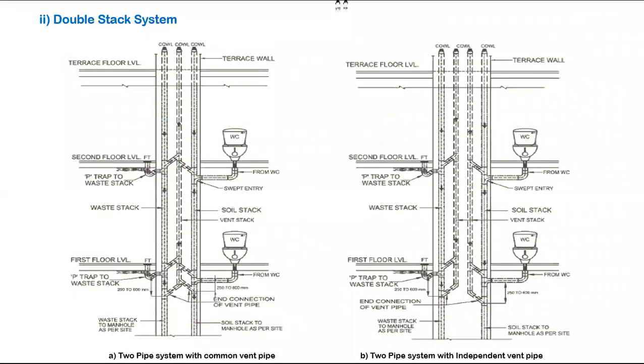Double stack system. Currently we are using this system in all projects. 2.50 common multiple, economically we are using it like that.